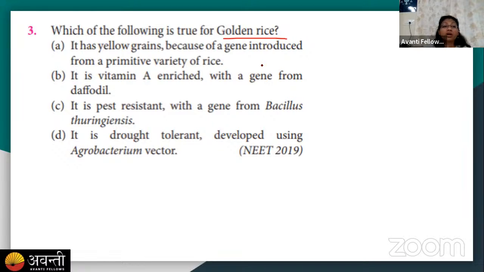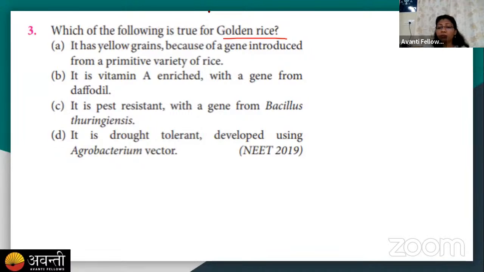Option B says it is vitamin A enriched with a gene from daffodil. Option C says it is pest resistant with a gene from Bacillus thuringiensis. And option D says it is drought tolerant, developed using the Agrobacterium vector.